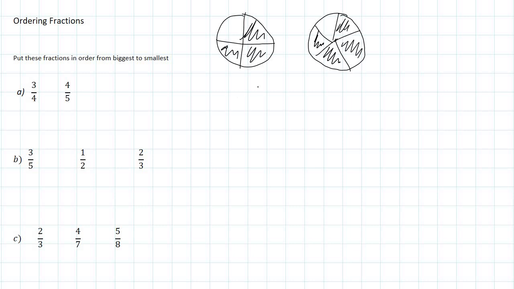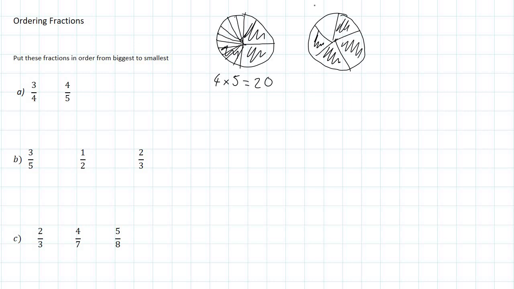Now, I can't compare these two directly because this one's split into 4 bits, this one's split into 5. But what if I split each of these 4 slices into 5? Okay? Maybe not going to do it for all of them, but imagine each of them getting split into 5. So each of those 4 pieces split into 5, so I'm going to have 20 pieces.